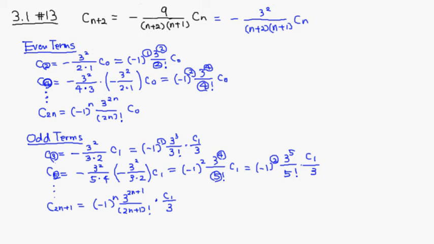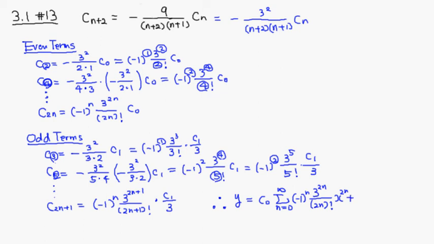So therefore, we can find the solution. Our solution is going to be y equals C0, and the summation goes from n equals 0 to infinity. Then looking at the formula up here, it's negative 1 to the nth power, then you pick out all the even terms, so it's 3 to the 2n power over 2n factorial, x to the 2n.